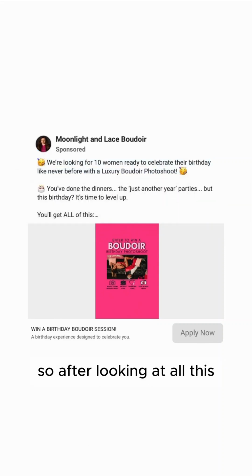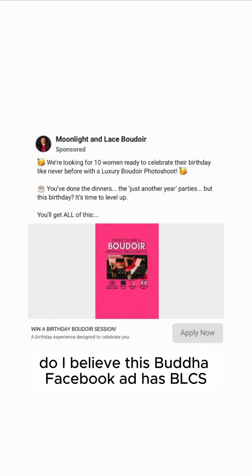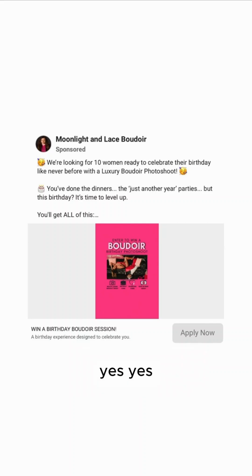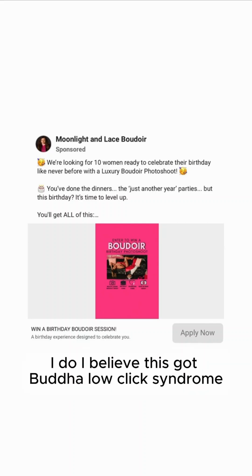So after looking at all this, do I believe this Boudoir Facebook ad has BLCS, aka Boudoir low click syndrome? Yes, I do. I believe this has got Boudoir low click syndrome.